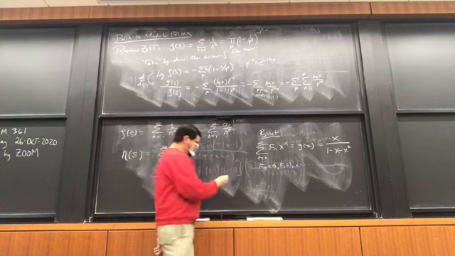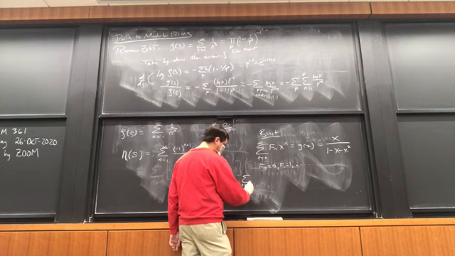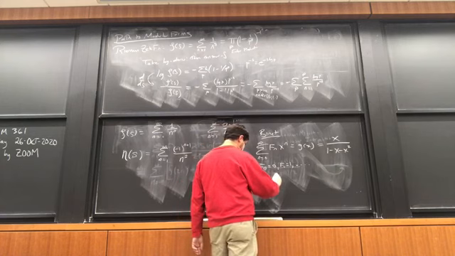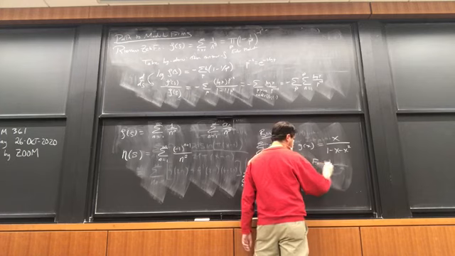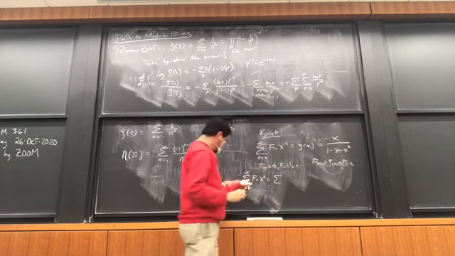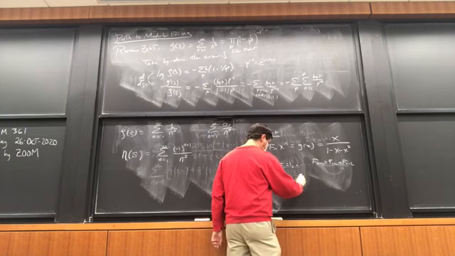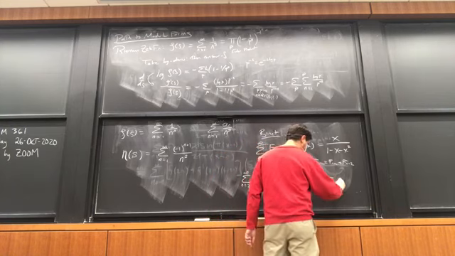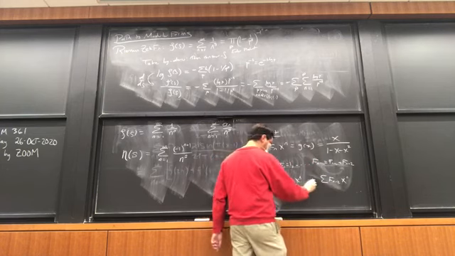And then what you do is look at the sum from n equals 2 to infinity of f_n x to the n. Of course, f_n is f_{n-1} plus f_{n-2}. So this is going to be the sum of f_{n-1} x to the n plus the sum of f_{n-2} x to the n, from 2 to infinity.